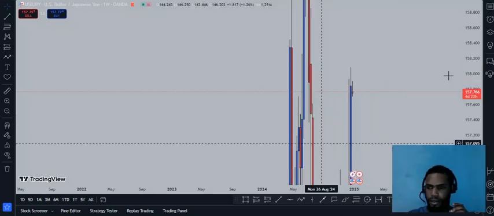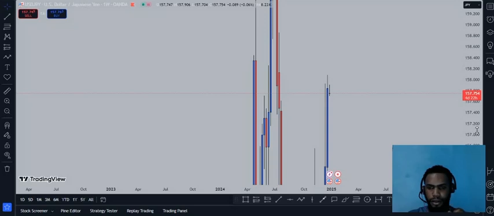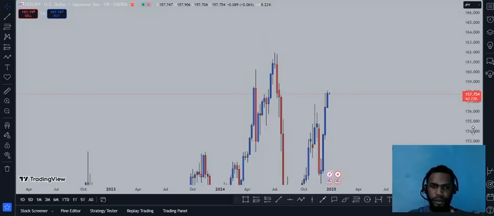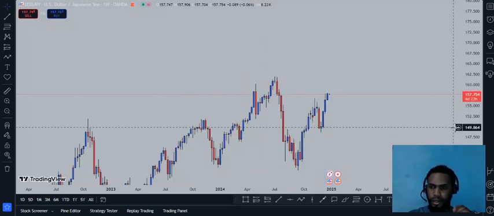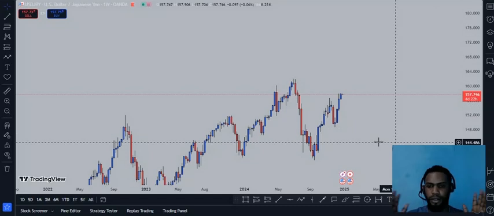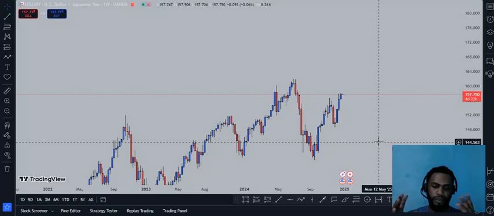Now let me just clear the chart off. Right, so currently we're on the weekly time frame. Normally for the chart breakdown I analyze from the weekly time frame because what I do is something we call a top-down analysis, which means that you analyze the market from the higher time frame to the lower time frame, right?